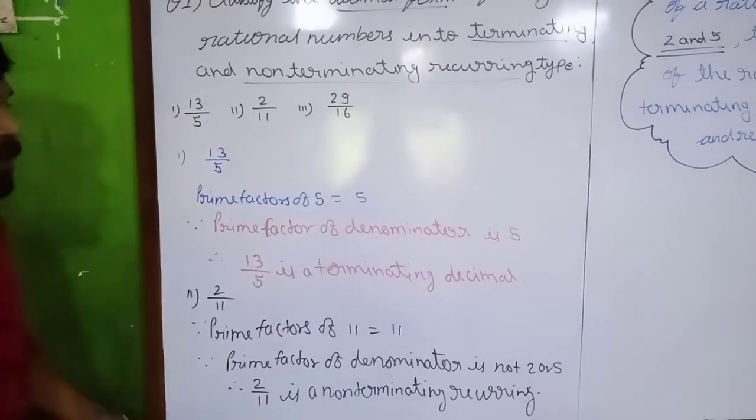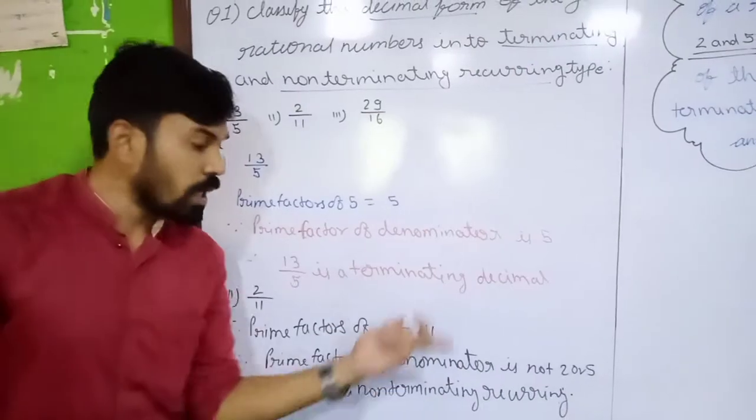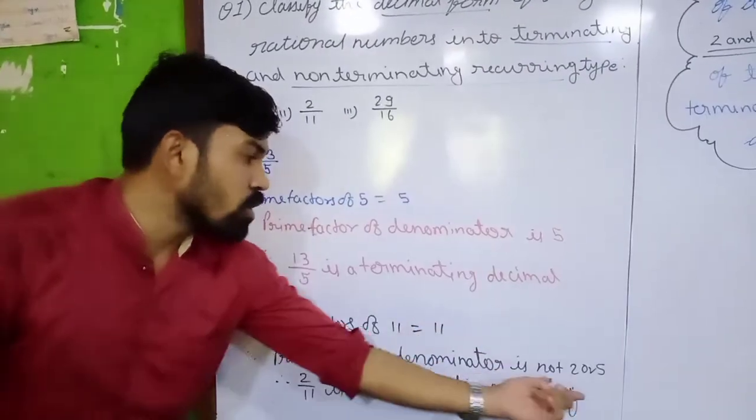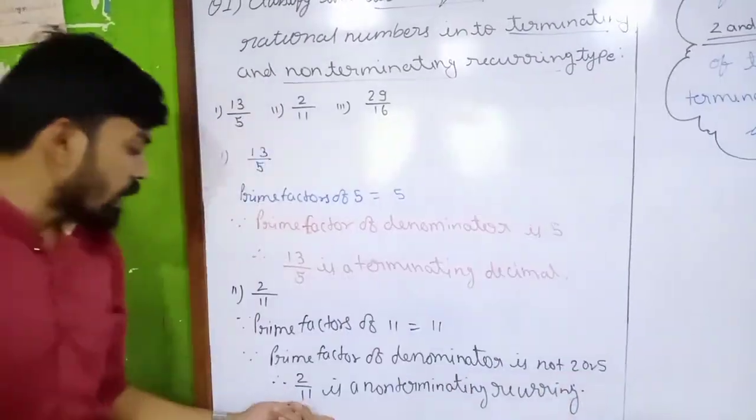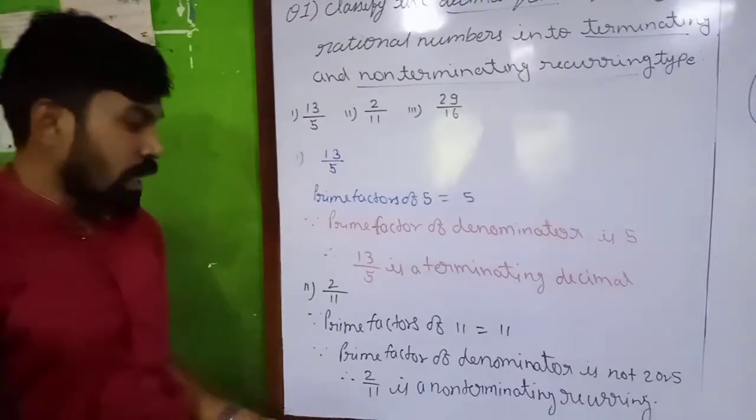Got it? If we have the denominator 5 or 2, terminating. Here we got 11, that is not 2 or 5, so that is non-terminating recurring.